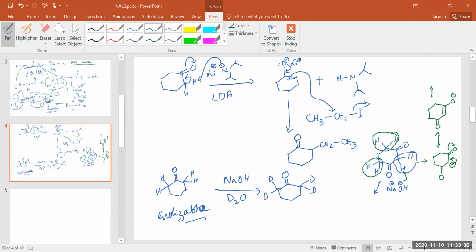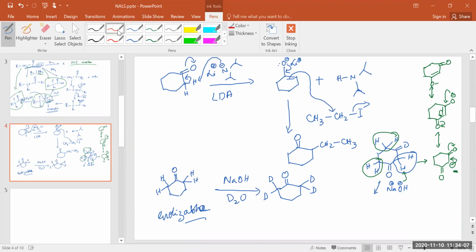You can write one more resonating structure. This can come here, this can go there. Or from here also you can write another resonating structure. So here you will have a double bond and O minus.